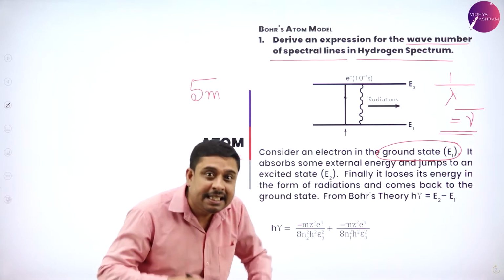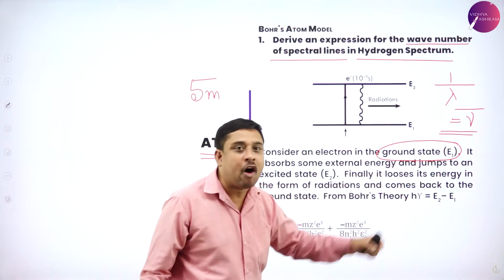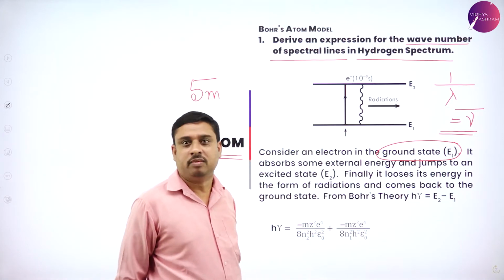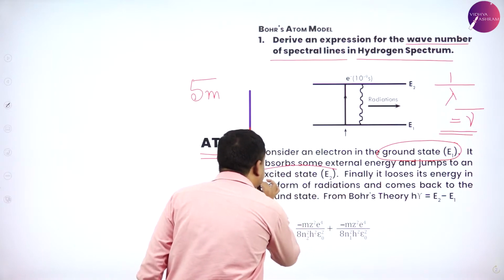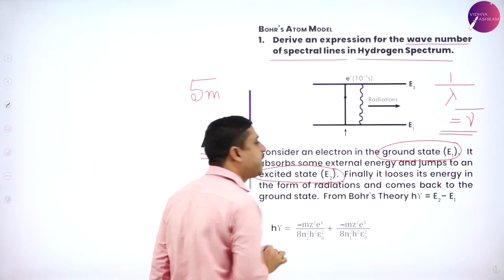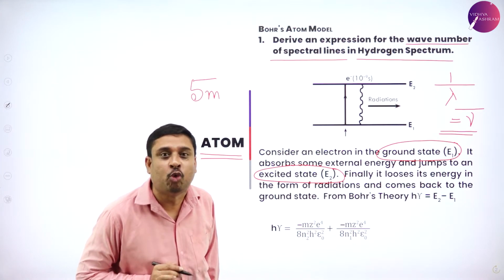On gaining this energy, the electron is excited now. It jumps to an excited state, what I call E2.